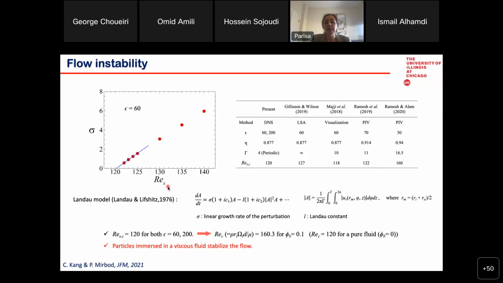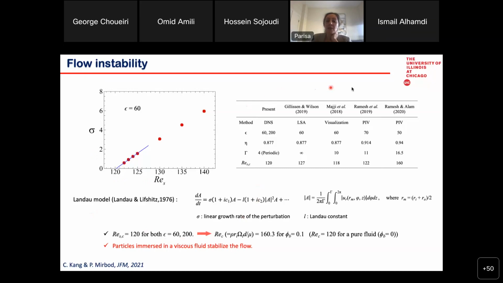But what we have done here is we tried different Reynolds numbers, and for each Reynolds number we characterized this amplitude, and then matched it with the Landau model to define sigma and later L. For all of those values, drawing sigma, the linear growth rate of the perturbation, versus the Reynolds number finally showed us that the critical Reynolds number occurs at around 120 for both the 60 and 200 particle sizes that we were dealing with.